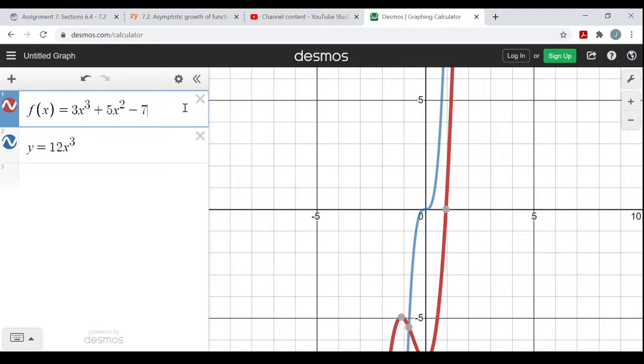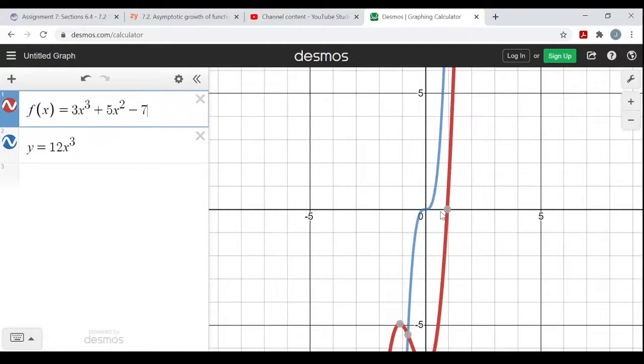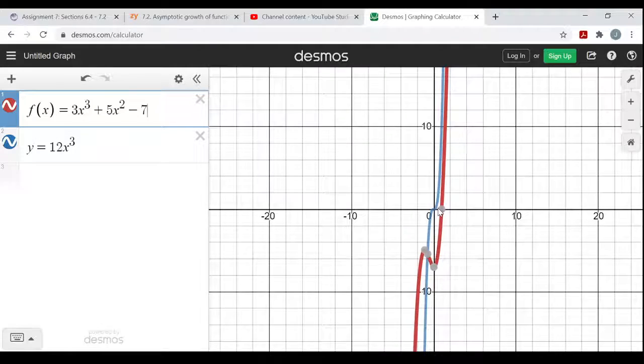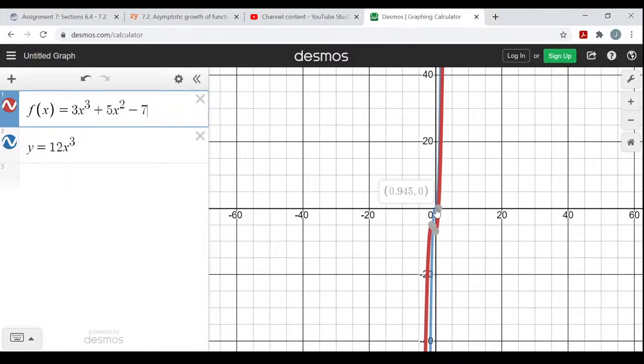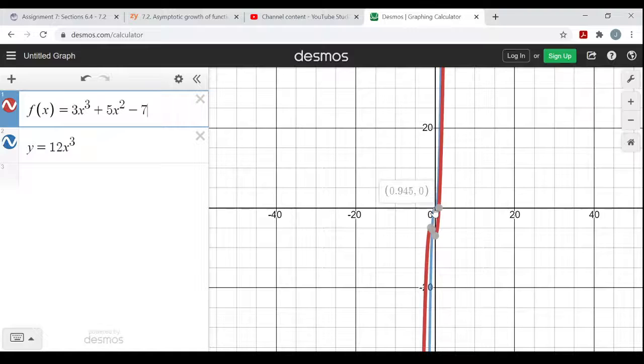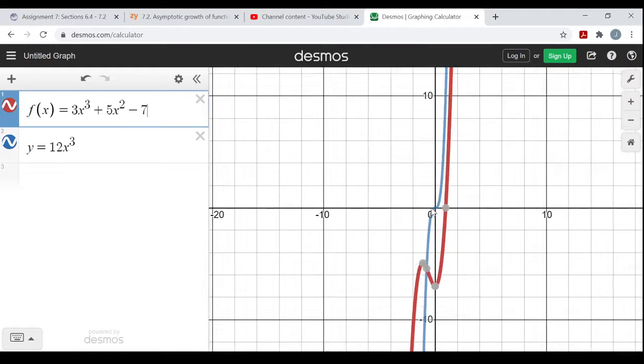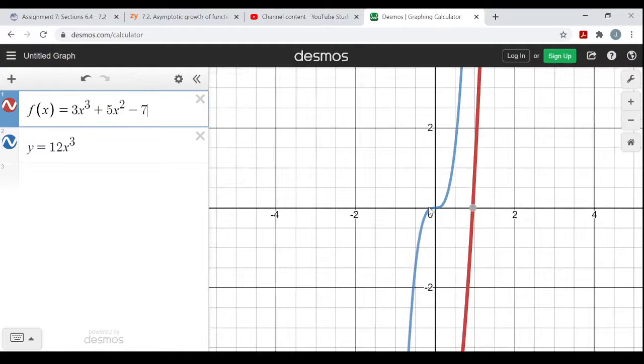So that's the red graph there. And then notice, I could use 12x cubed. Remember the g was n cubed or x cubed. Look, 12x cubed is seemingly always larger. So I could use 12.